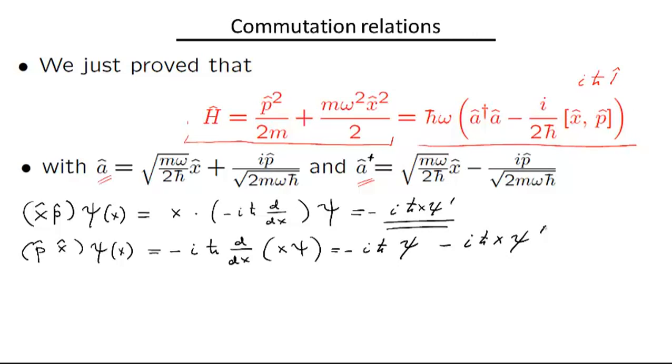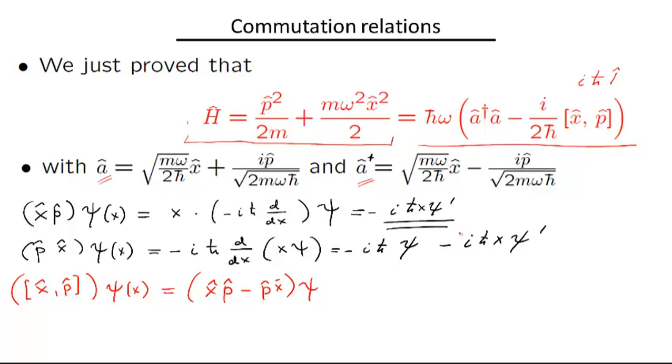Now if we put everything together and apply this commutator to an arbitrary function psi of x, what it means is that we want to act by the operator xp minus px on psi. So we essentially have to subtract this result from the previous one.